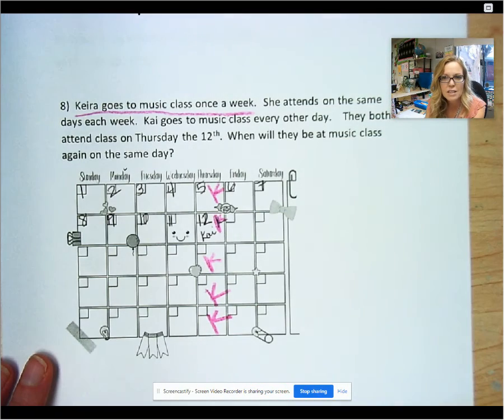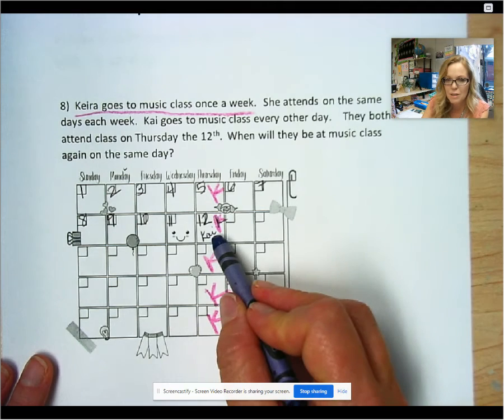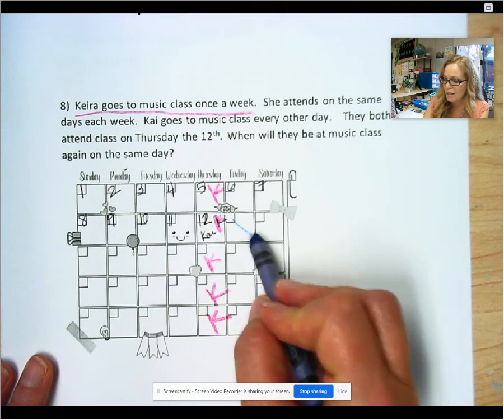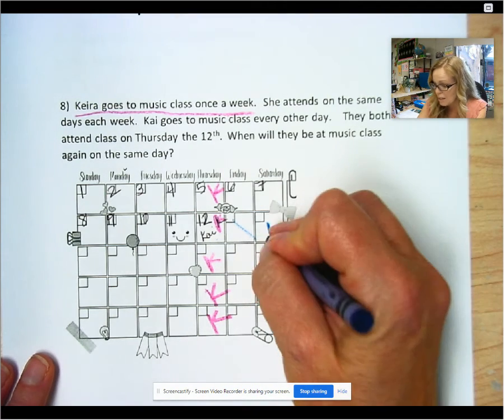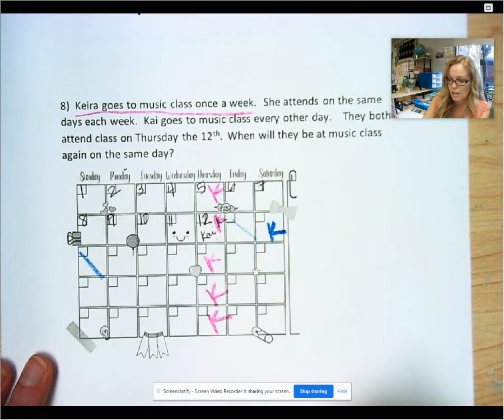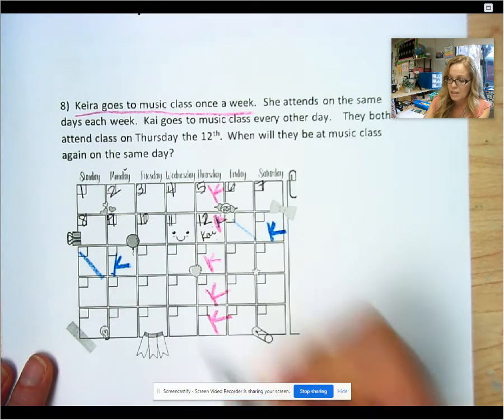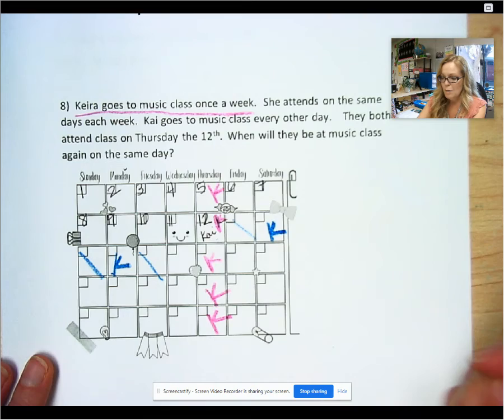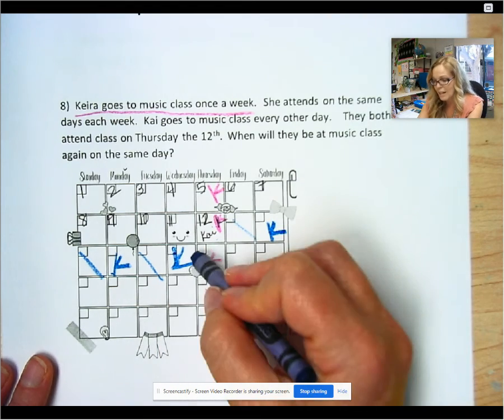And then if Kai goes to music every other day, I would know that if Kai went to music here, he did not go here. But he did go here, but he did not go here.